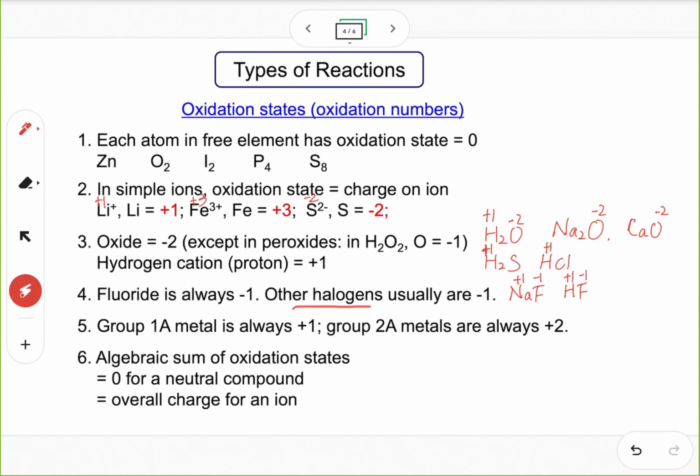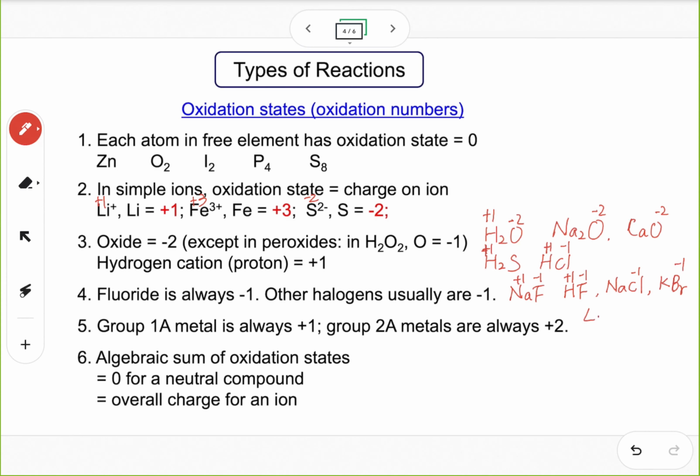Other halogens usually are -1, like we talked about here, hydrochloric acid, -1 for chloride, and sodium chloride, -1 for chloride, and potassium bromide, -1 oxidation state for bromide.